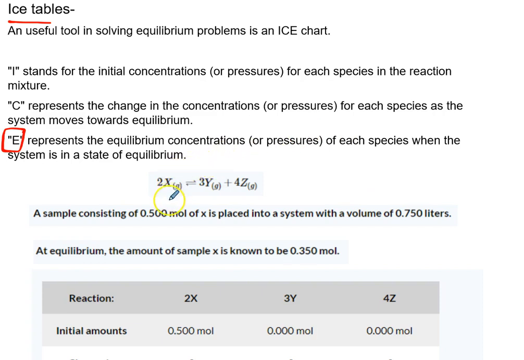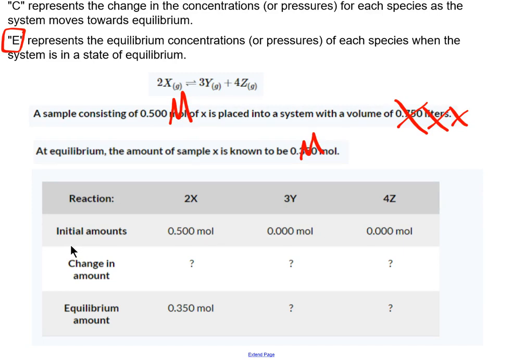It says a sample consisting of 0.5 mole of X is placed into a system with a volume of 0.75 liters. For right now, we'll talk about that tomorrow, so let's just pretend this is concentration. At equilibrium, the amount of the sample is known to be 0.350, and we'll once again say capital M. So I have this ICE table.